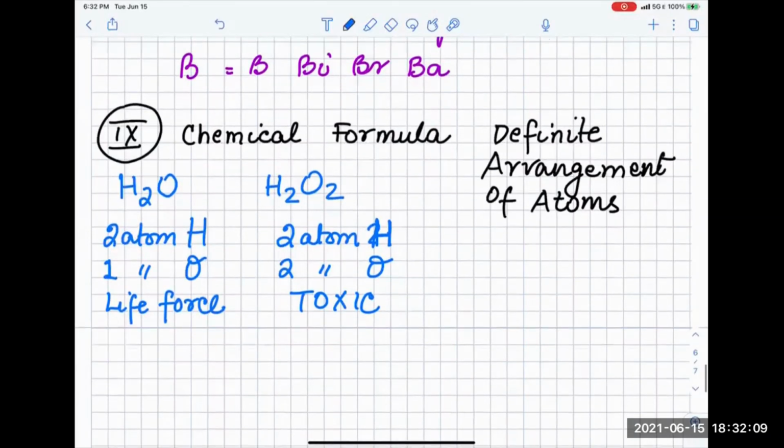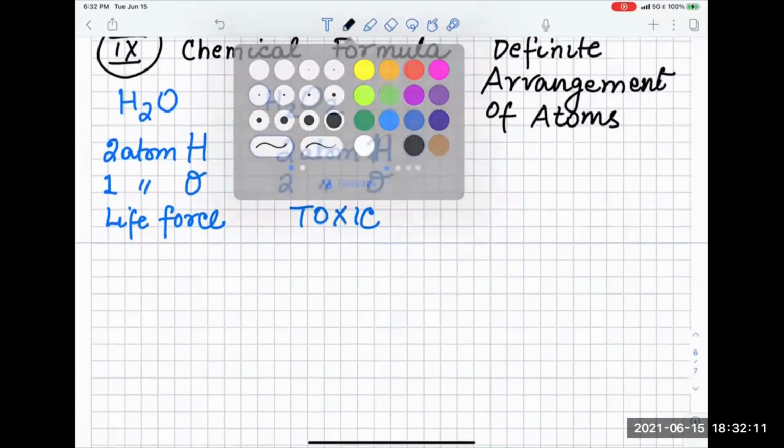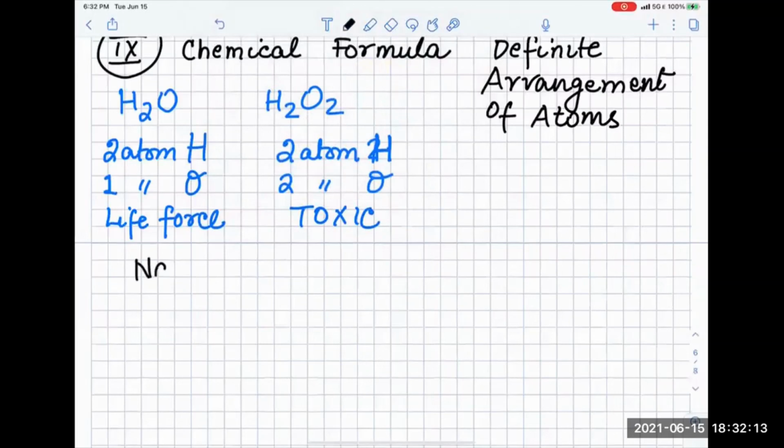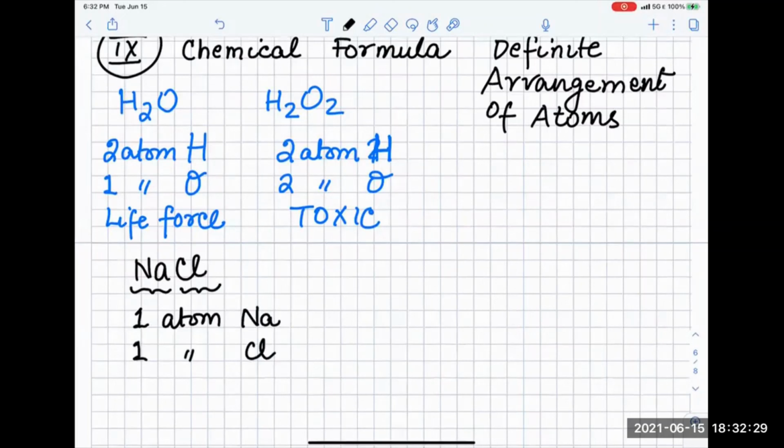Similarly, for example, you have another molecule, for example, NaCl. So like I said, it's important you start recognizing the symbols of these elements. NaCl means 1 atom of sodium and 1 atom of chlorine. Okay. For example, you have CO2.